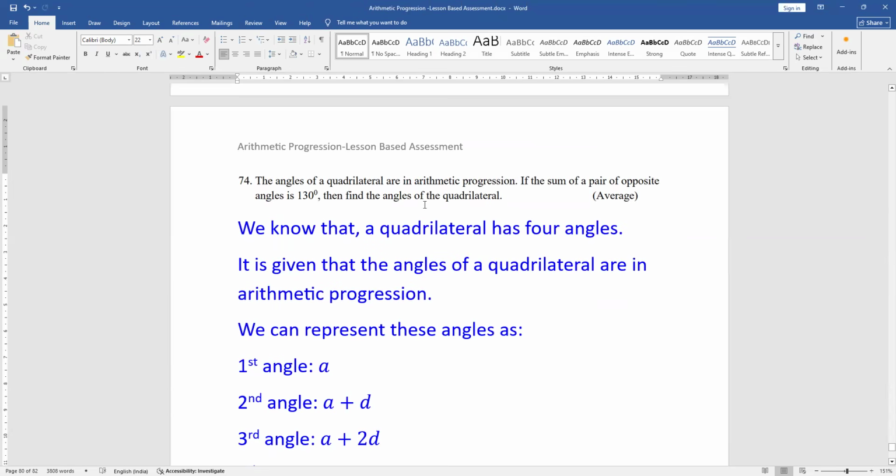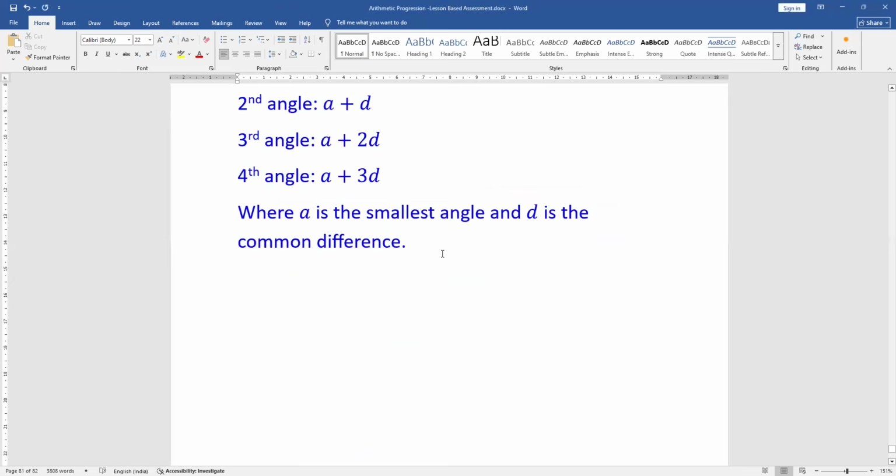So if the sum of the pair of... so let me take one condition first. The first condition we know in this quadrilateral: when you add all the angles, you get how much? 360 degrees. Okay. So we know that the sum of angles of a quadrilateral is 360 degrees.